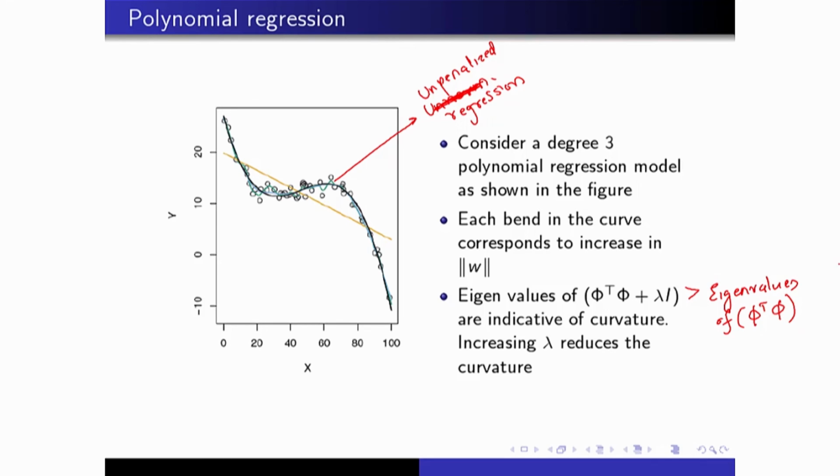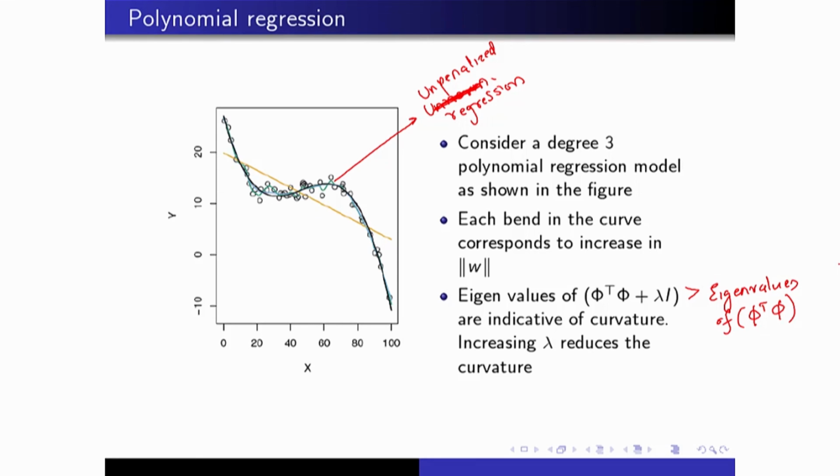So what basically happens is, when you look at the inverse matrix, increasing the eigenvalues reduces the curvature, because the inverse corresponds to something that was obtained for the linear equality to solve for w. More about this when we talk about Hessian and optimization.